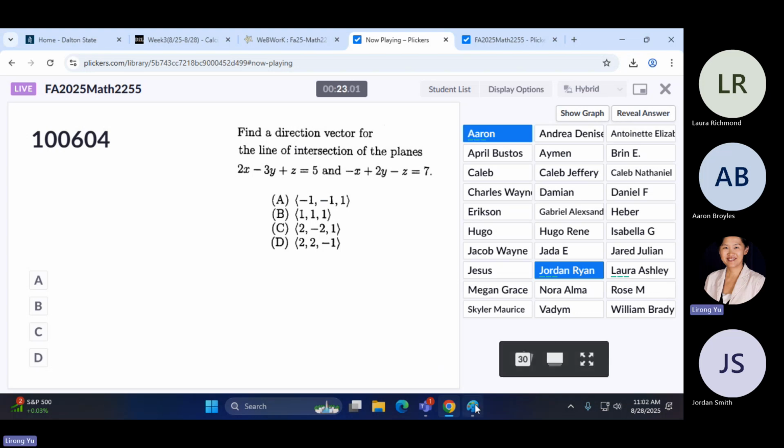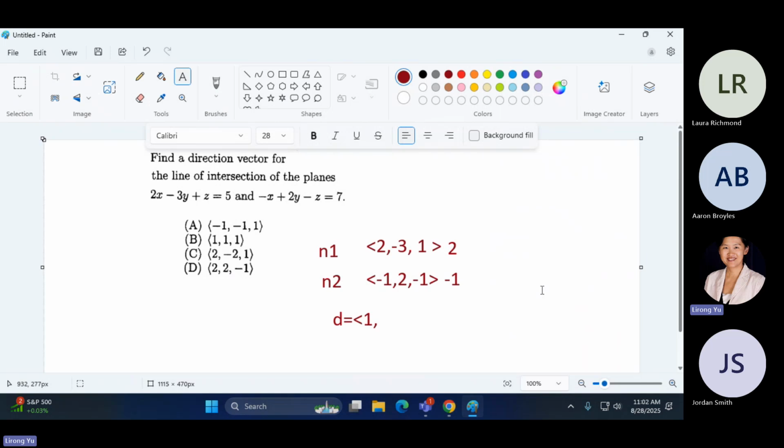Finish the calculation, the cross product will be the answer. So I lay out the two vectors and then get ready to calculate the cross product. The next component is -1 plus 2, so it should be 1. The third component is 2 times 2 minus 3 times 1.